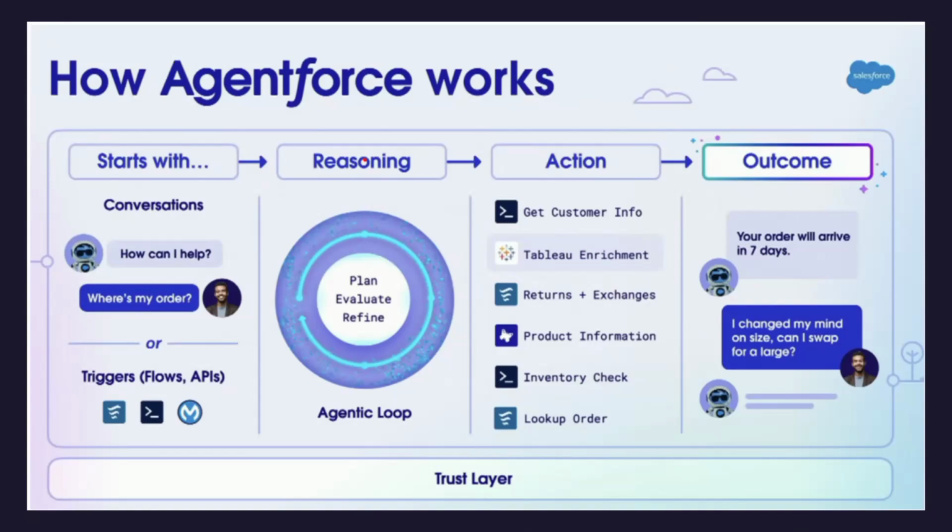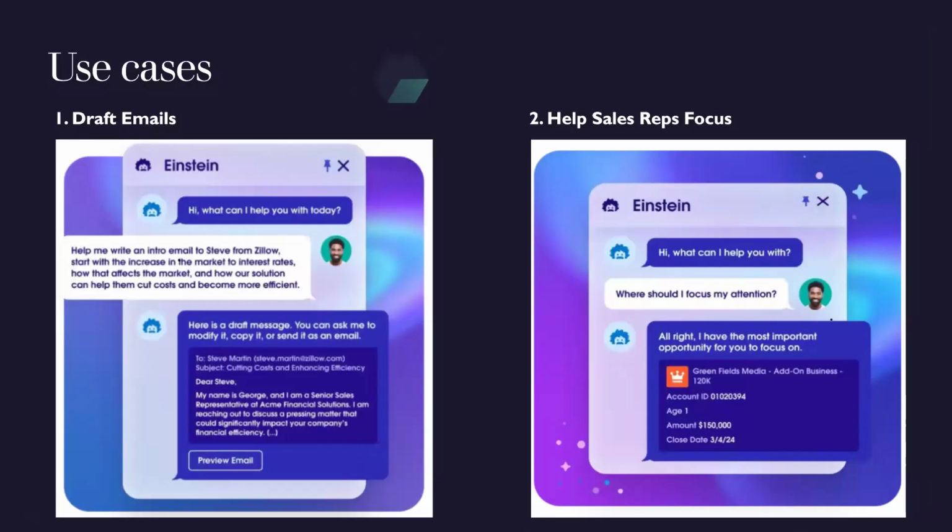It works independently with LLMs, and it chooses the relevant topic, which ultimately decides which action to perform against the query which is made, and you get the desired outcome out of it. So this is how Agentforce works.